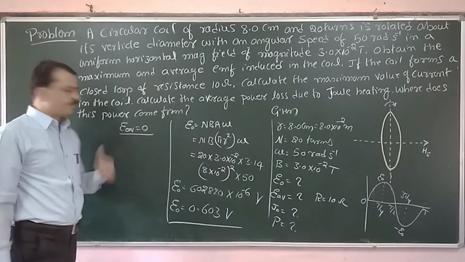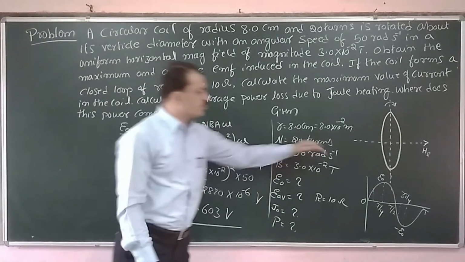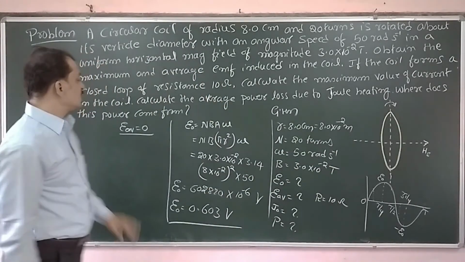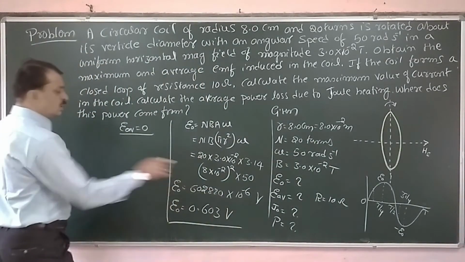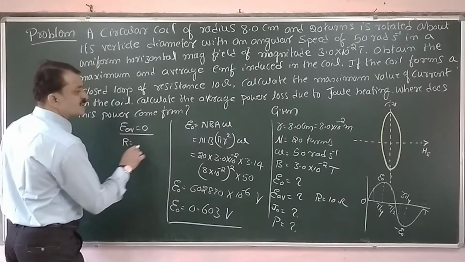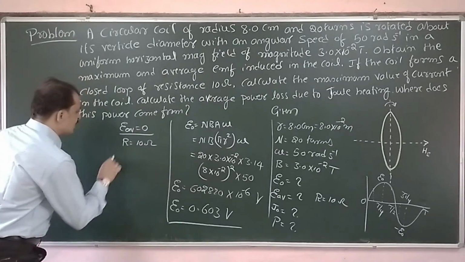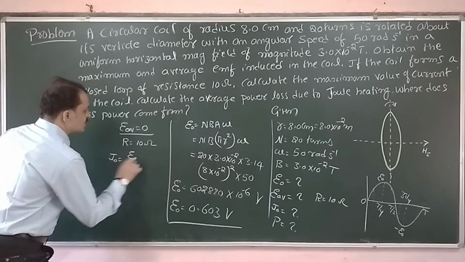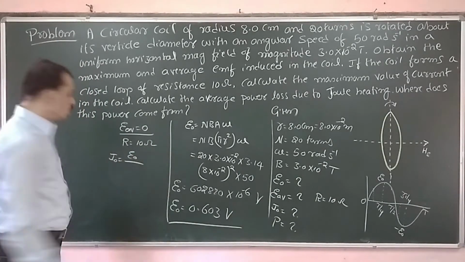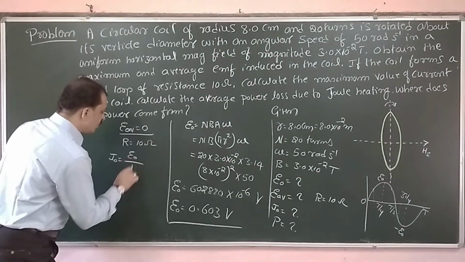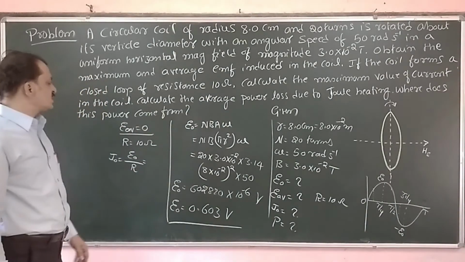Now, so here the average value of the EMF is 0. Now the coil has a resistance of 10 ohm, so what is the current? The maximum value of current is equal to the maximum value of induced EMF divided by the resistance.